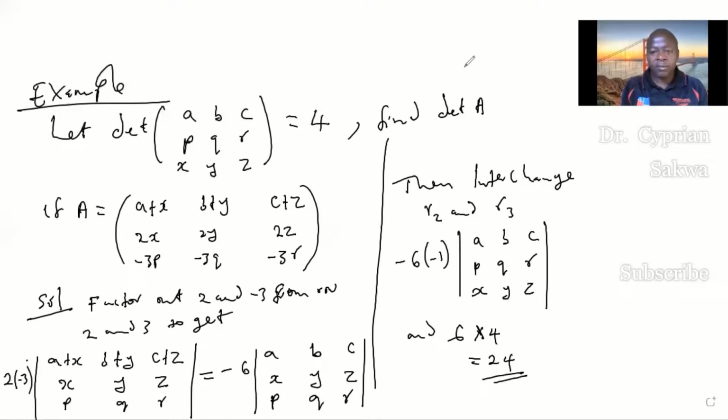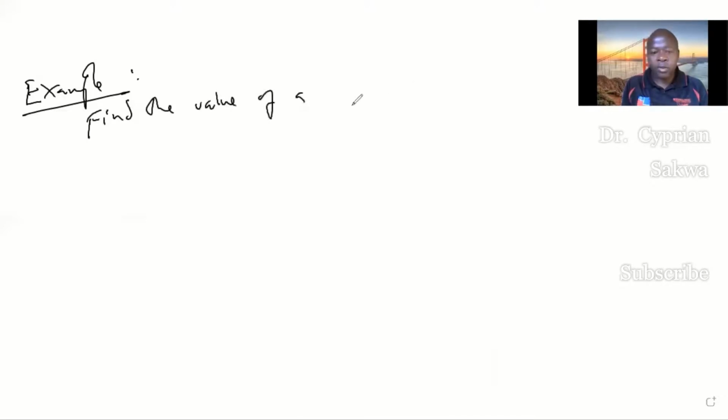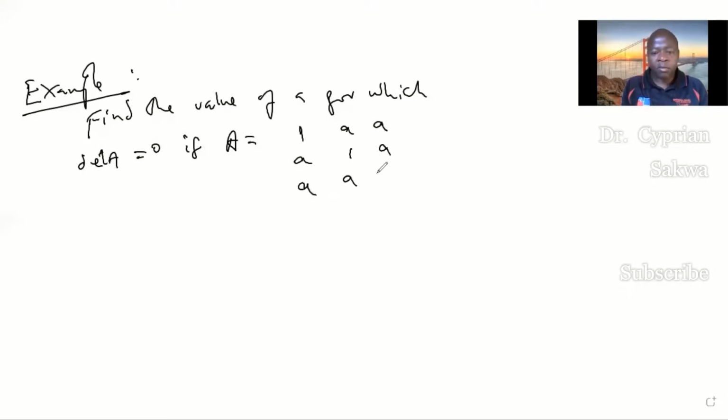Let's look at another example. So the example is find the value of R for which the determinant of A is 0 if A is the matrix 1 R R, R 1 R, and R R 1.